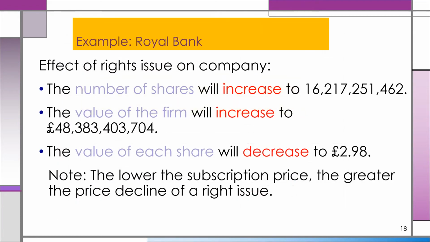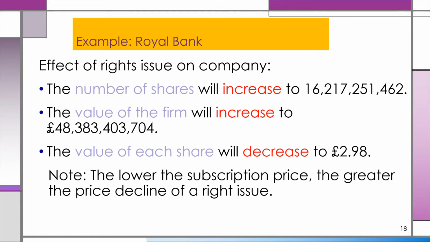Rights issue has impacts on the number of shares outstanding, the value of the firm, and the share price. This slide shows the summary of what we have just calculated. The number of shares outstanding will increase as new shares are issued. The value of the firm or the market capitalization will increase by the amount of new financing raised.